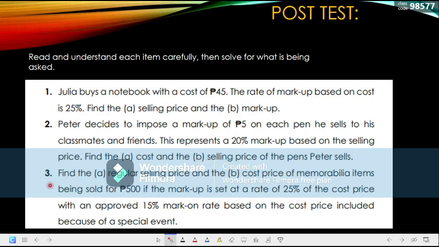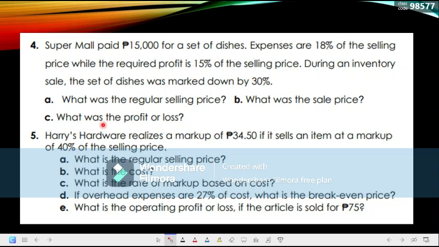Number 3. Find the regular selling price, that's letter A, and B, cost price of memorabilia items being sold for 500 pesos if the markup is set at a rate of 25% of the cost price with an approved 15% mark on rate based on the cost price included because of a special event. Okay, number 4.